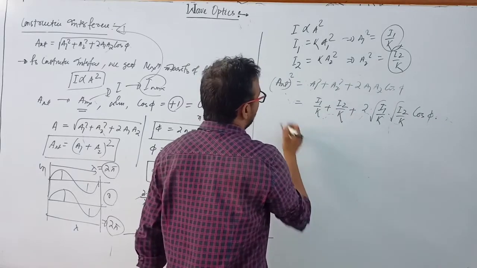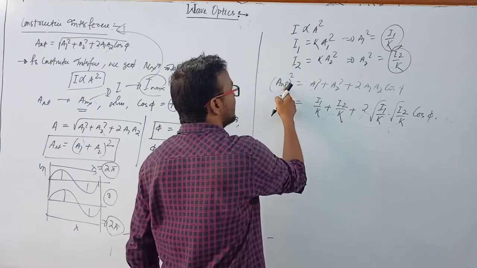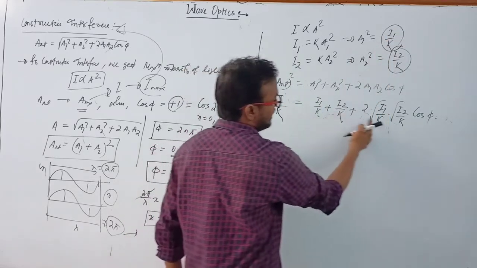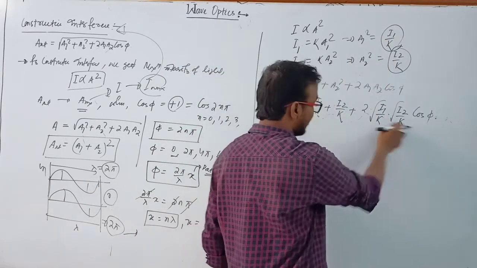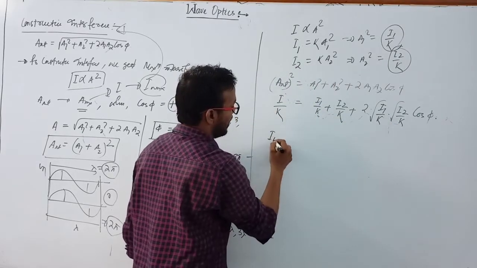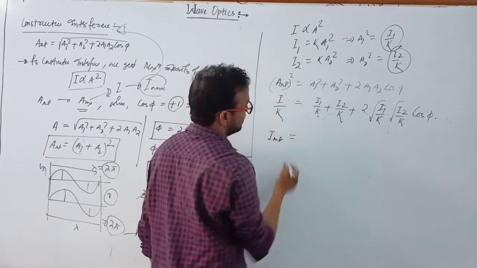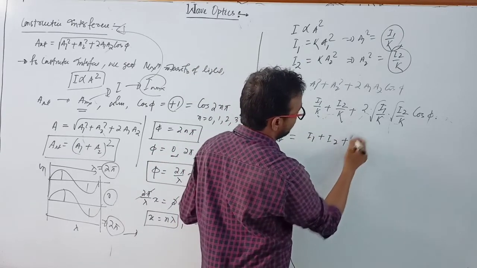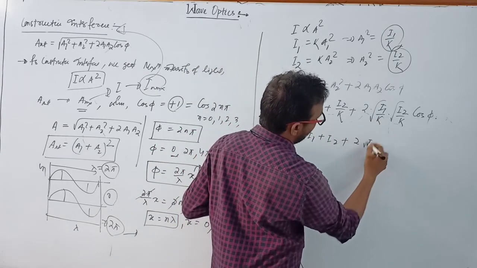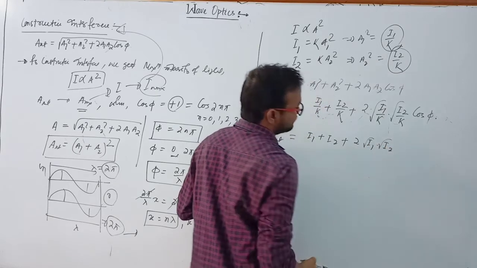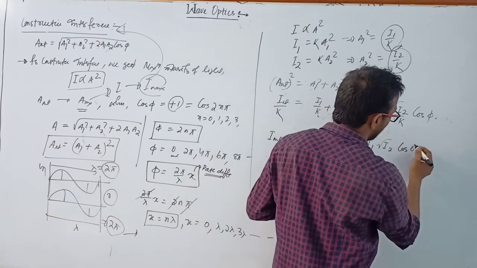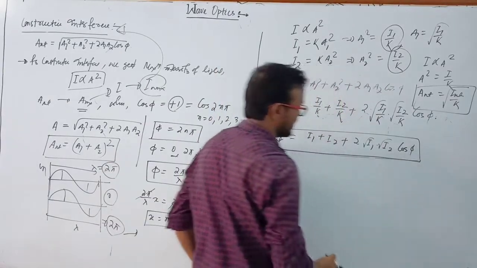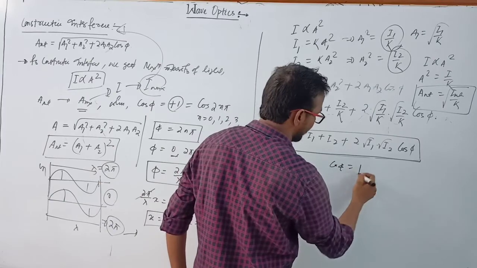Clear? Okay, and here we can write a square equal to I by k, and k cancels on both sides, so I net or I is equal to I1 plus I2 plus 2 root I1 I2 cos phi. Clear? So this is I net, but here cos phi is equal to 1.